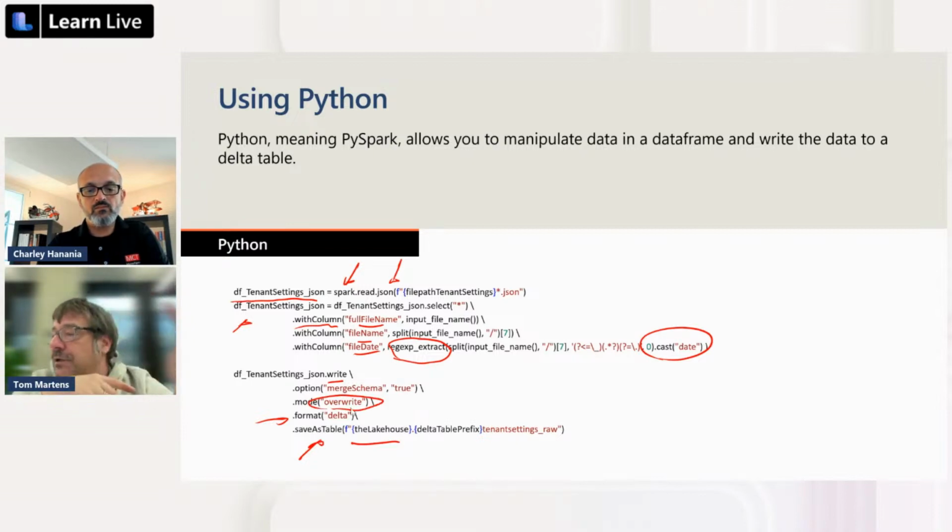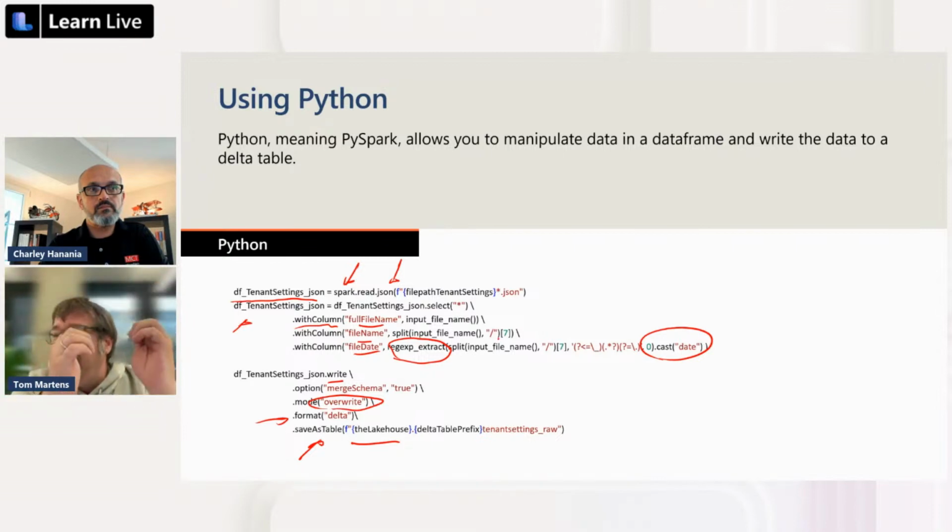There are also different modes, like append, for example. I'm adding new data. This can also be done, and this is pure PySpark, where I'm creating my delta tables, or delta Parquet files.